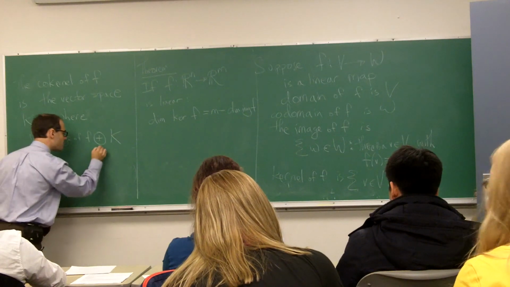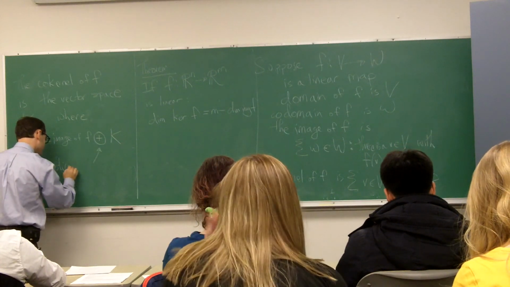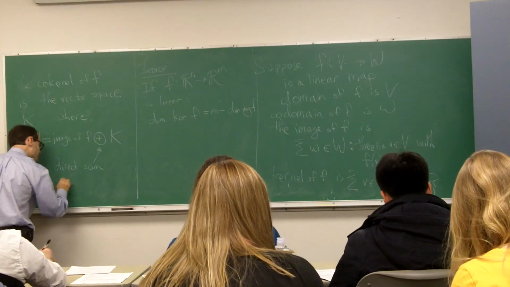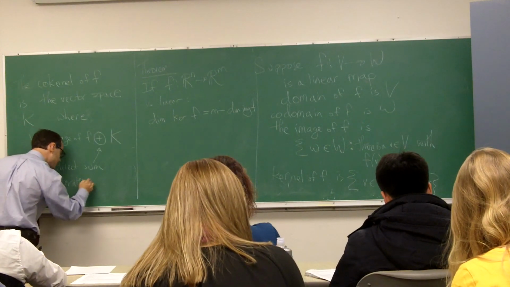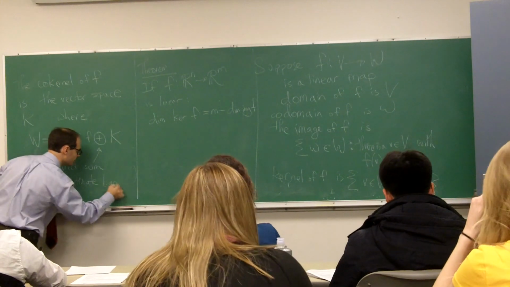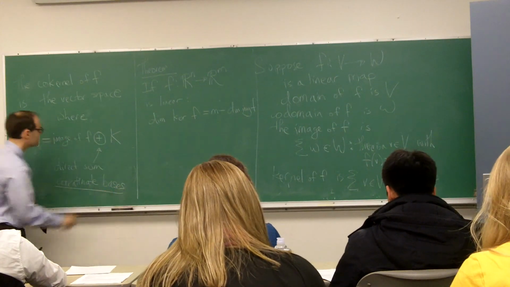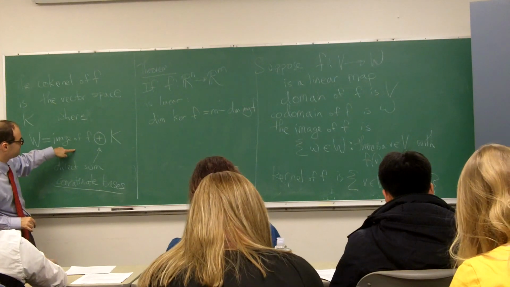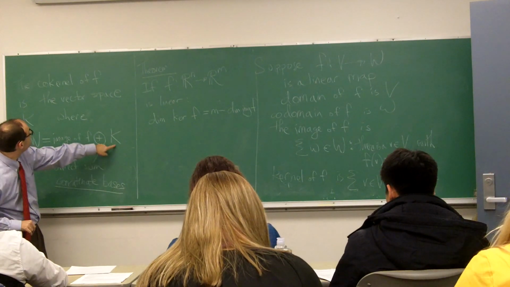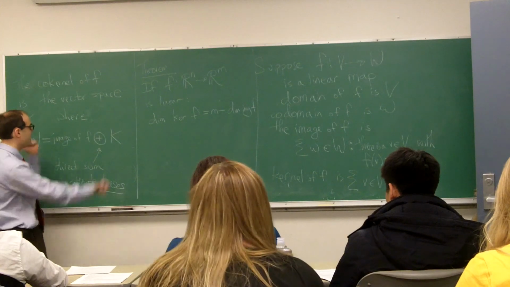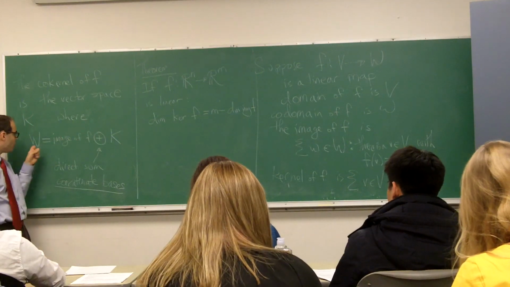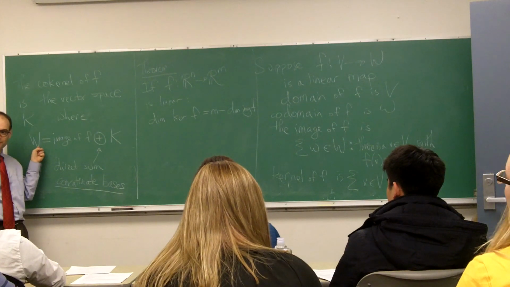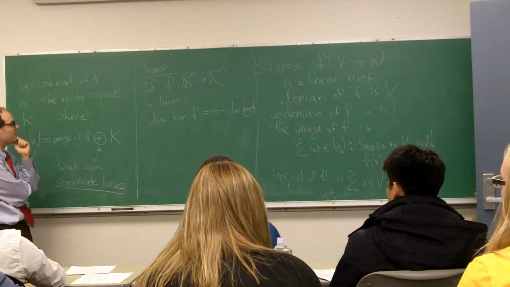And this is called a direct sum. Basically what it means is concatenate the bases. So I take a basis for the image of f, and I take a basis for K, I concatenate the bases, and lo and behold, get a basis for W. It's sort of a strange way to write the thing down.